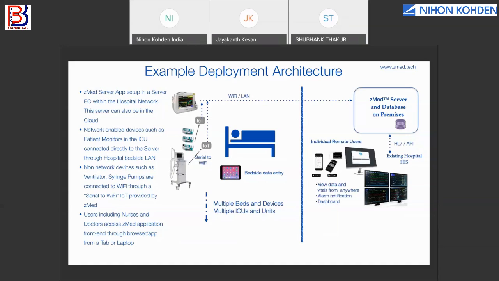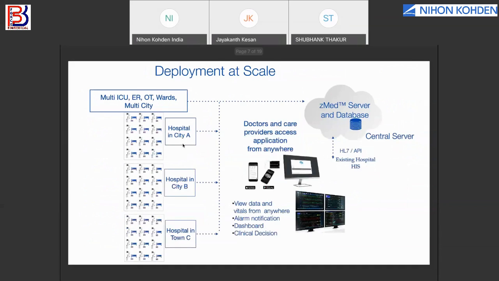So what happens is the same setup that you do on a per bed basis can be easily scaled up by leveraging LAN network and Wi-Fi technologies and networking multiple hospital units. You can leverage the network and then you can scale it up across multiple hospitals.